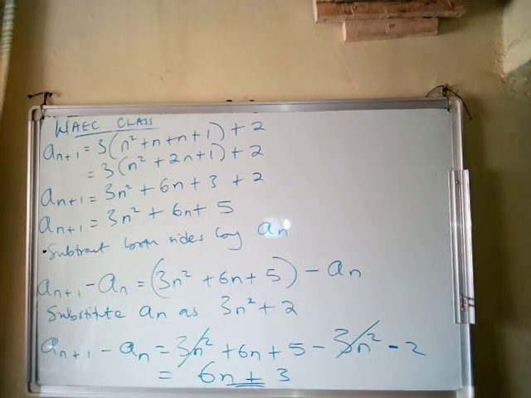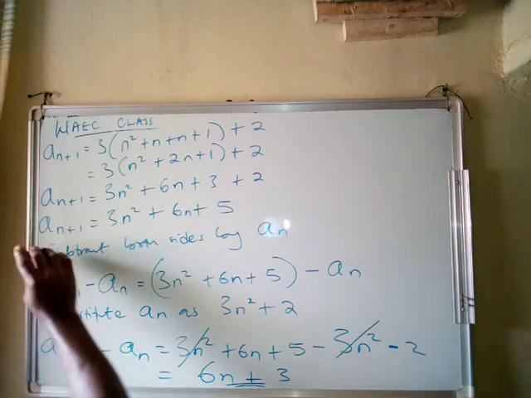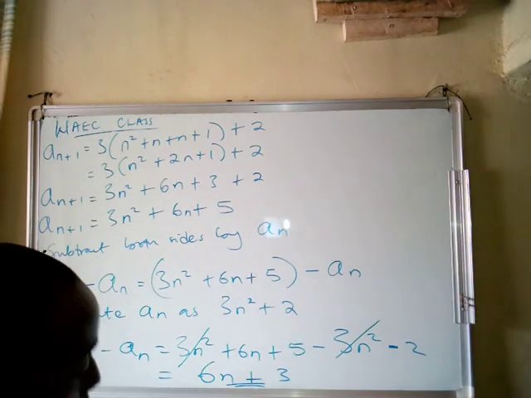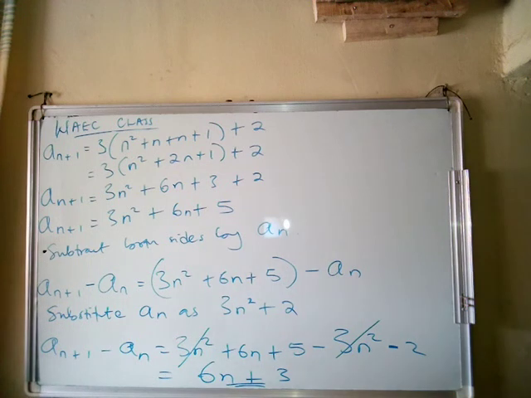Now, remember, we said earlier that once it's not a whole number, look at the final answer we are getting. When we subtract a_n from a_(n+1), we are getting 6n plus 3. Is this a whole number?